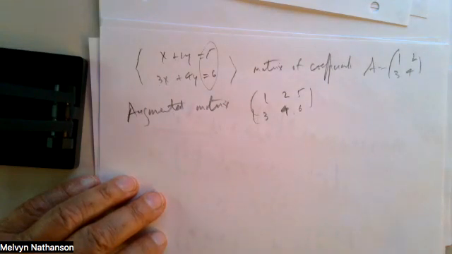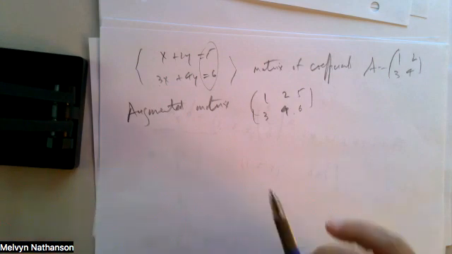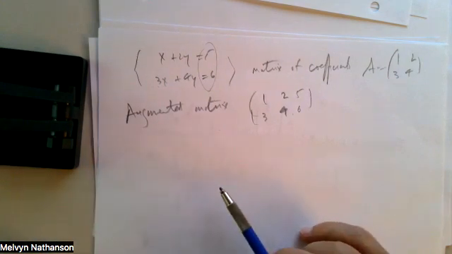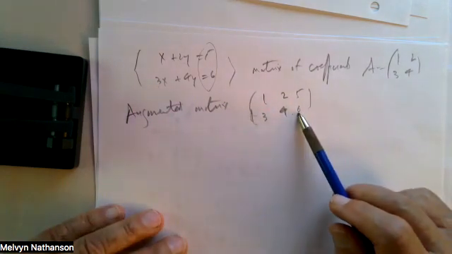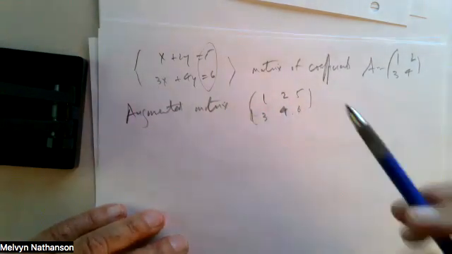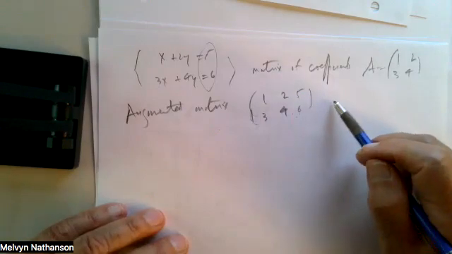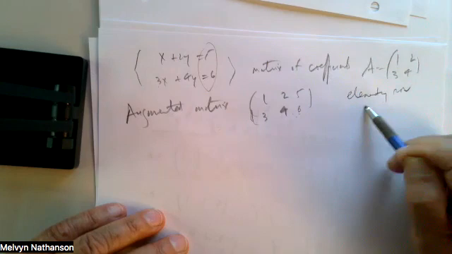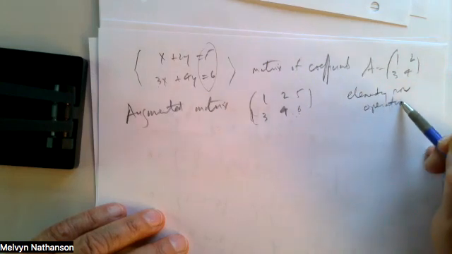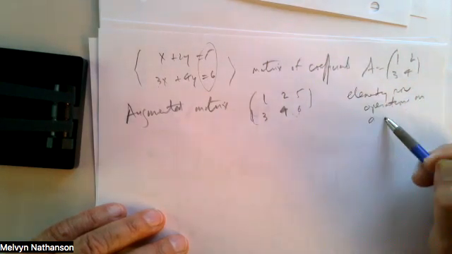All right. And if you want to use Gaussian elimination to solve a system of equations, that corresponds to performing certain row operations on the matrix. What are the elementary row operations on a matrix?